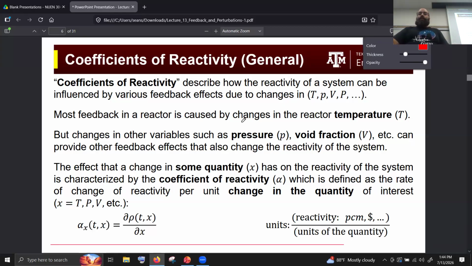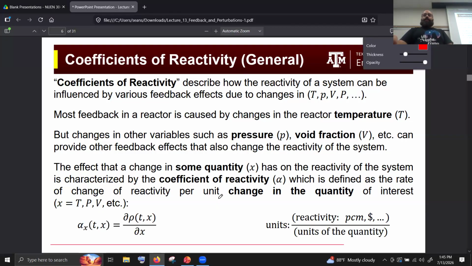So in general, this is how we can write a reactivity coefficient in a very general sense, where it's saying the coefficient of reactivity for some quantity x, where x could be temperature or power or the void fraction, is the change in reactivity due to the change in that quantity x.